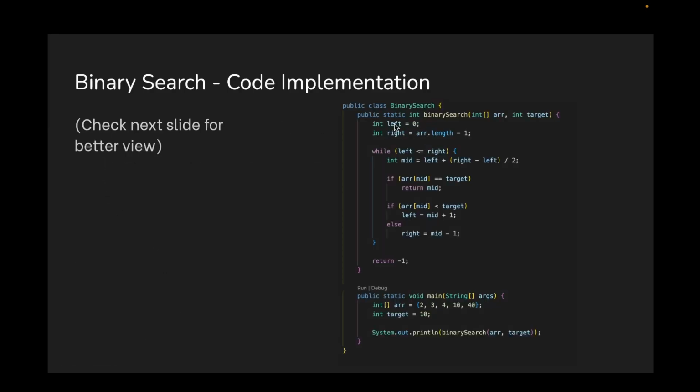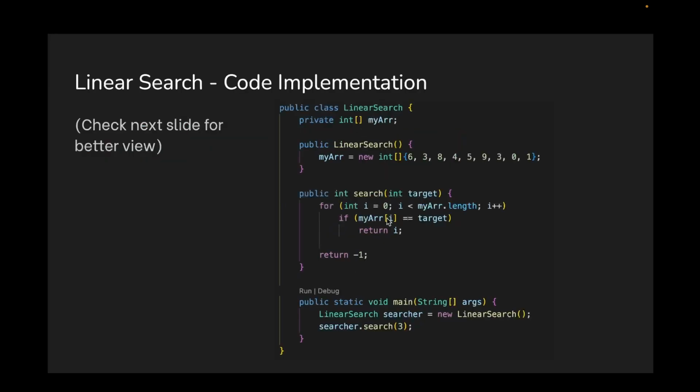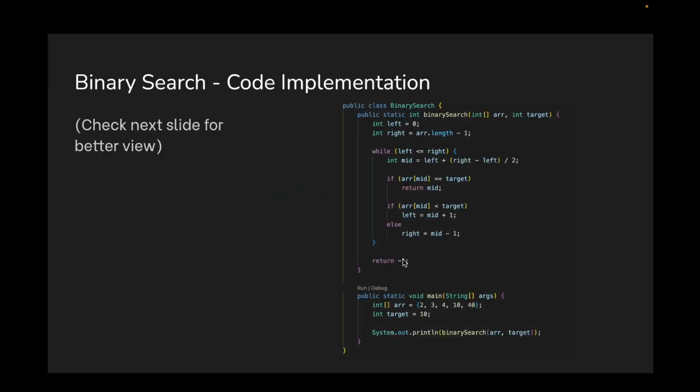So here's the code implementation. In the main method, here I did it a little bit differently compared to the linear search. Here I just wrote some code directly in the main method, but if you're taking the class at Monte Vista, you wouldn't do this. But anyways, in the main method, we make an array called arr: 2, 3, 4, 10, 40.